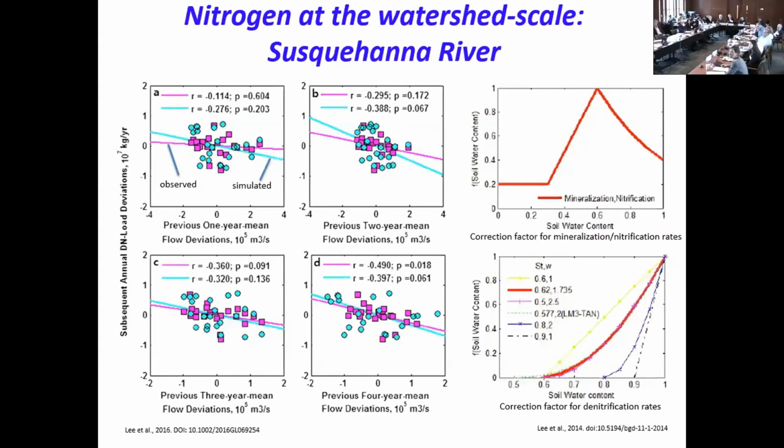As it gets wet, my nitrification starts increasing up to a certain water content, and at some water content, 60% or so, it depends on the soil, I have enough water blocking the diffusion of oxygen into the soil so that my nitrifiers become oxygen limited and my reactions start to decrease.